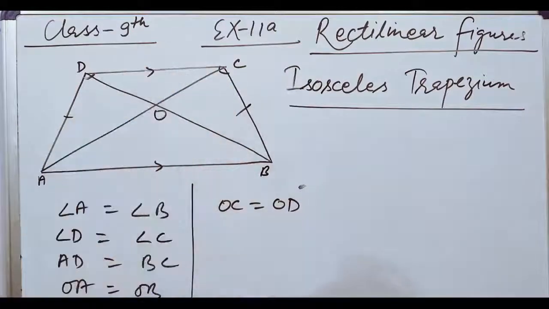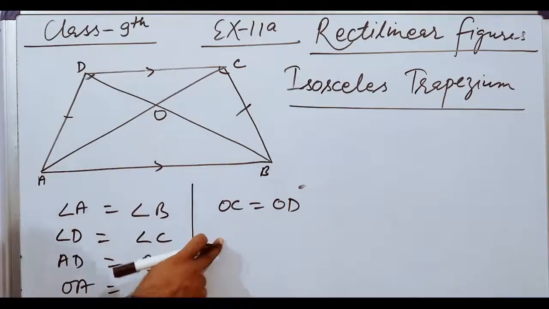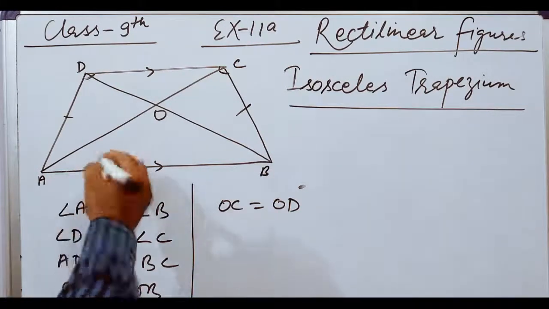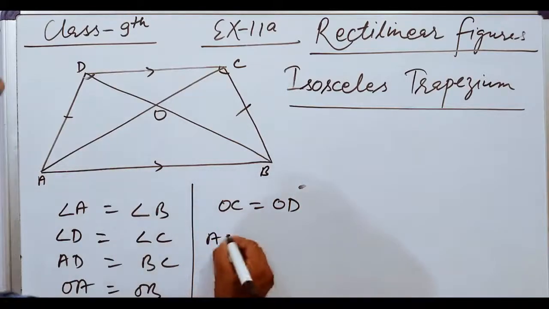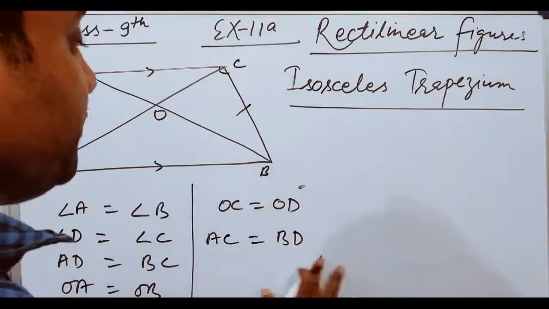Both diagonals are also equal, meaning AC equals BD. This is an isosceles trapezium.